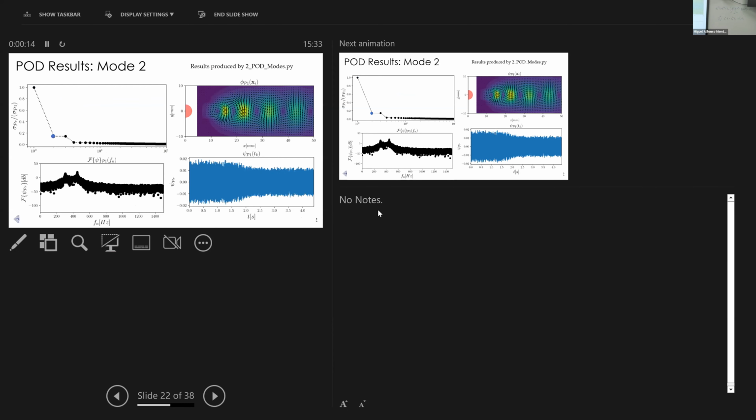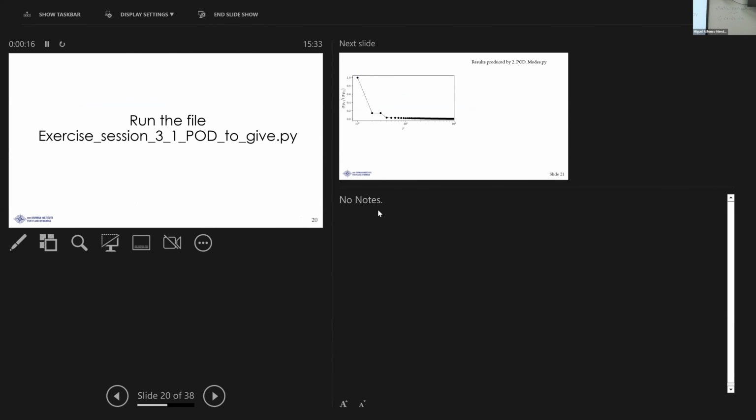And we looked at what was the error coming from there. So if you open this file, I think this file, even if it's to give, it should be complete. What we're going to do is we launch the POD for the cylinder test case, which you've seen before. And we look at the spatial structure and the temporal structures.